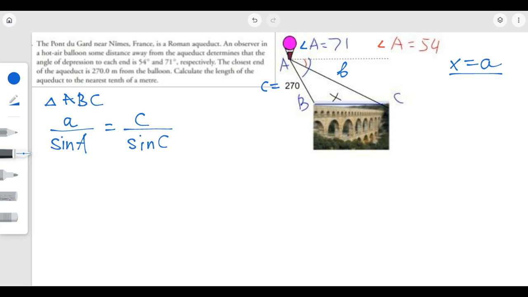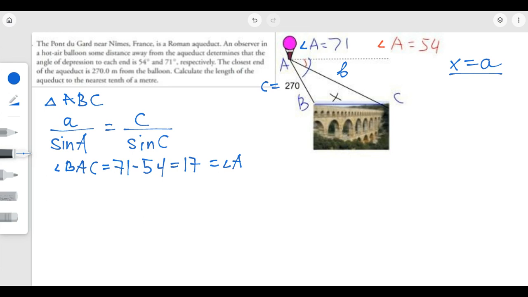As I told you before, when there is confusion with letters to label angles, we can use three letters. So angle BAC is 71 degrees minus 54, which is 17 degrees. And this is angle A for our sine law in the previous line.